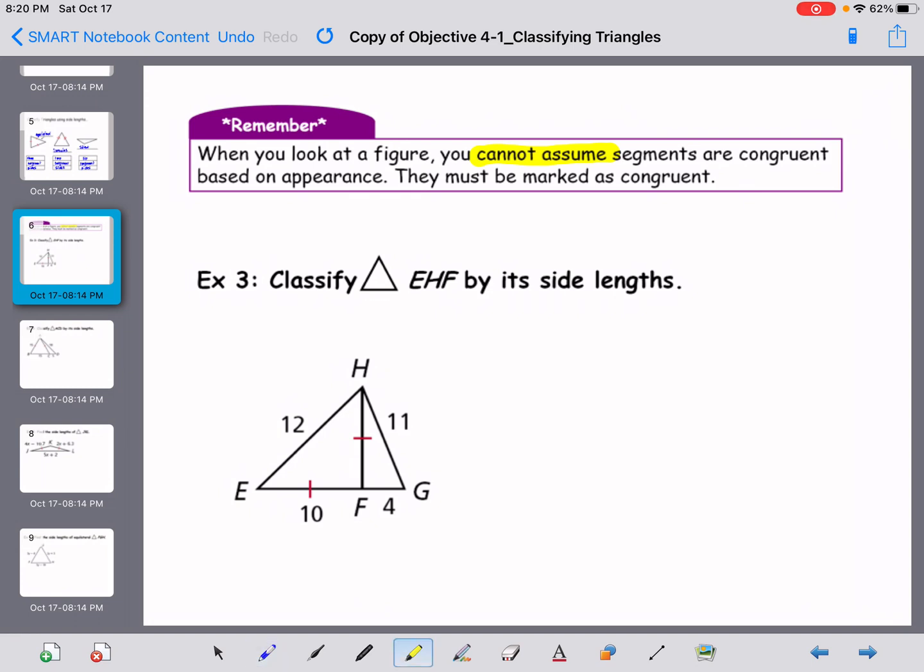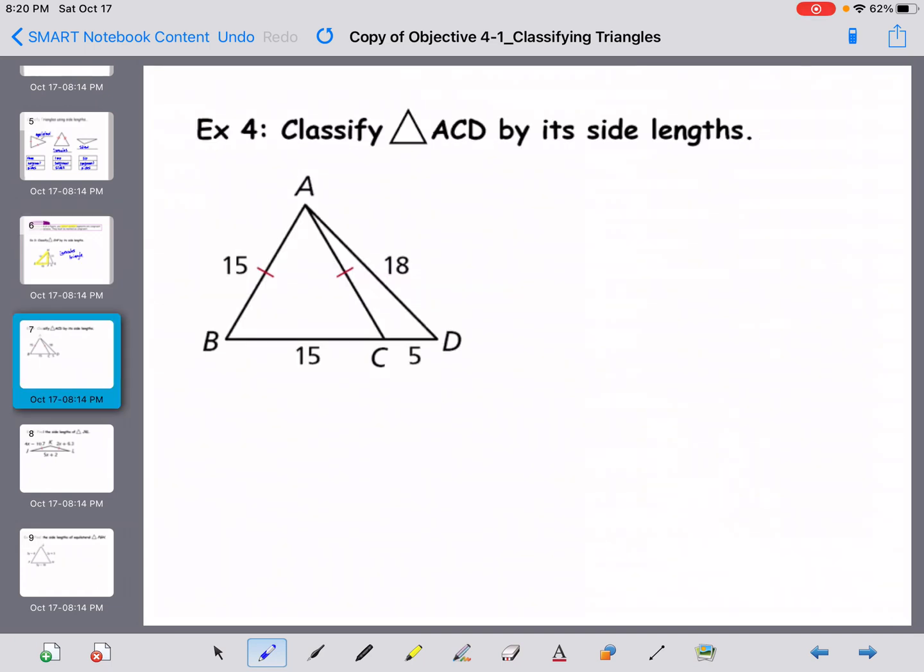So if we're looking at EHF, are there sides that are marked as being congruent? Yes. 2 of those sides are congruent, so this would be an isosceles triangle. Classify ACD.